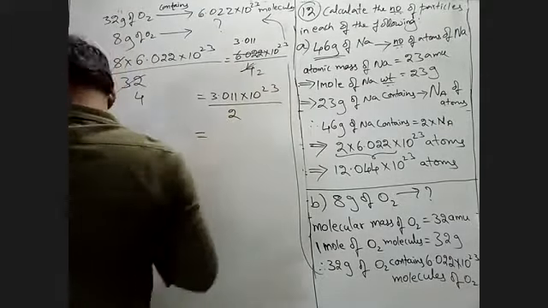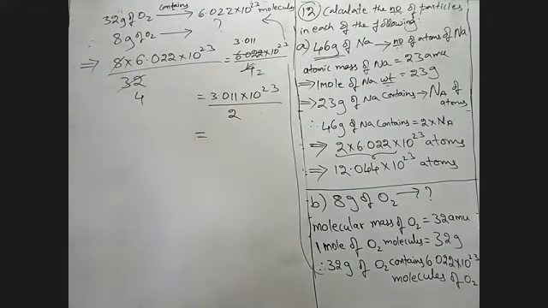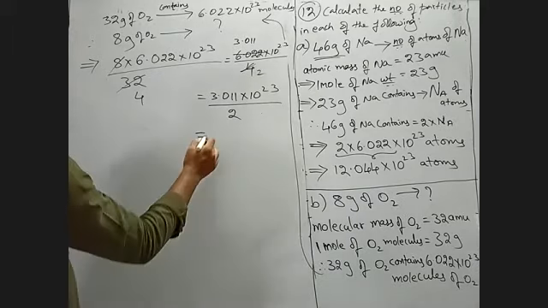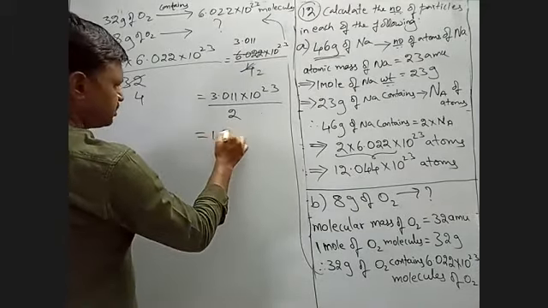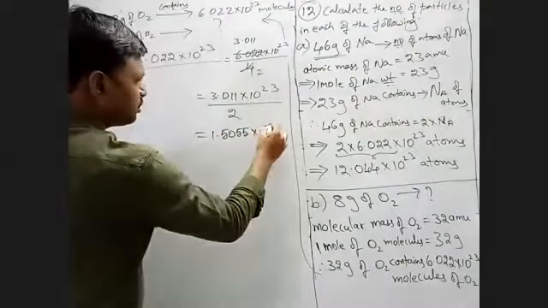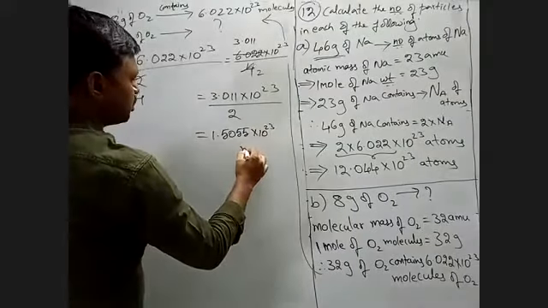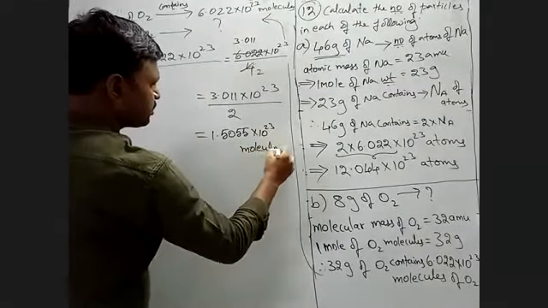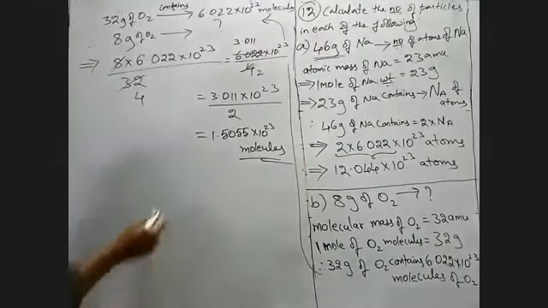So that will come as, let me just use the calculator. 3.01 divided by 2 is 1.505. So 1.505 into 10 power 23 molecules. Right, students, got it? Got it.